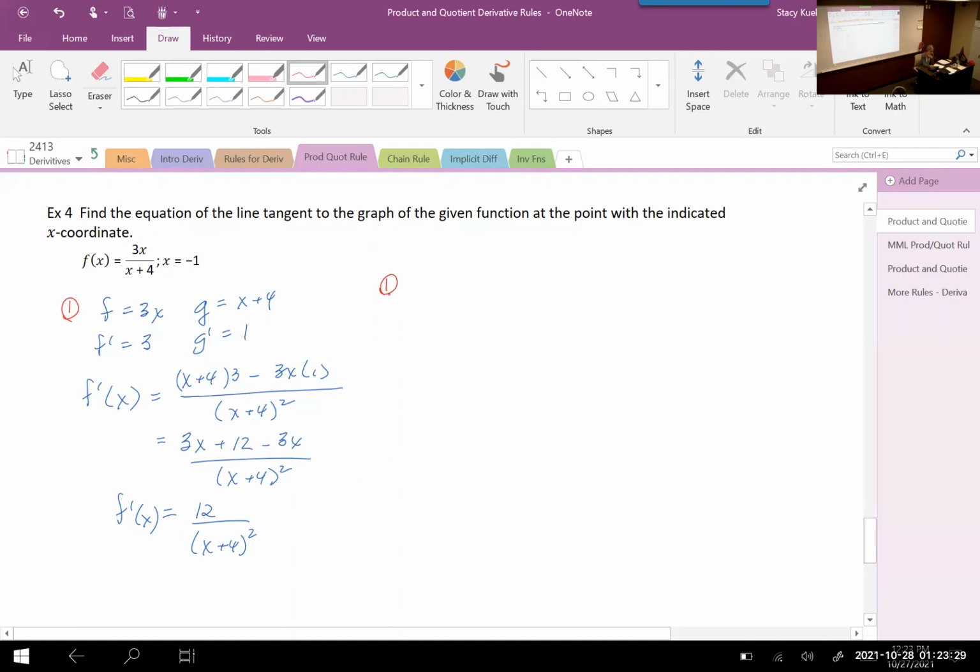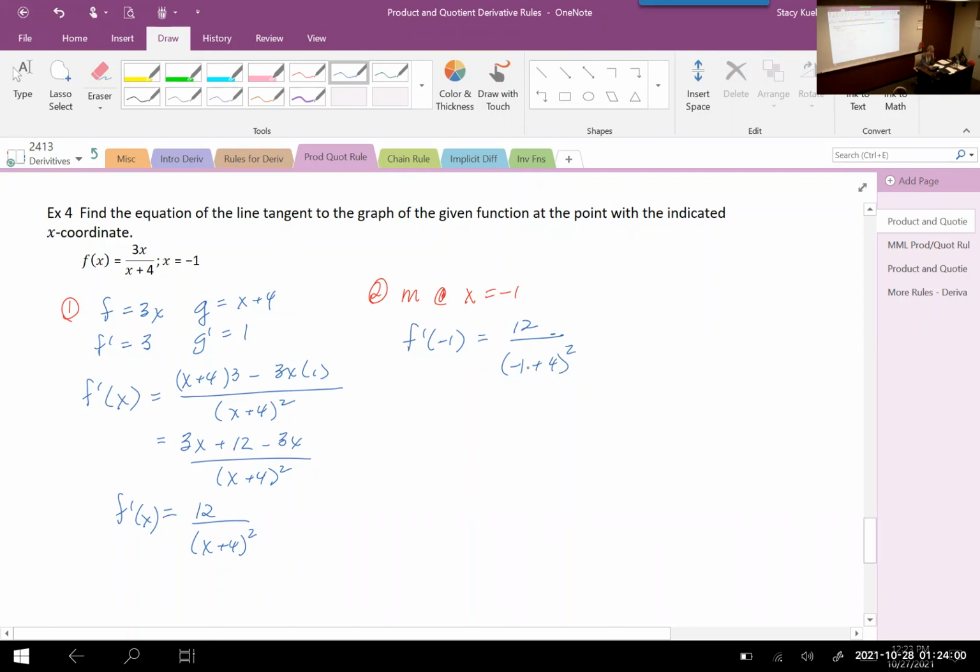Let's find the slope at x equal to -1. So f prime of -1 would be 12 over -1 plus 4 squared.